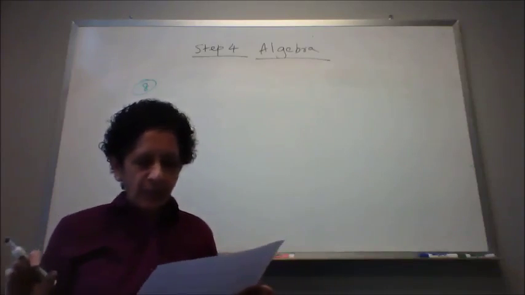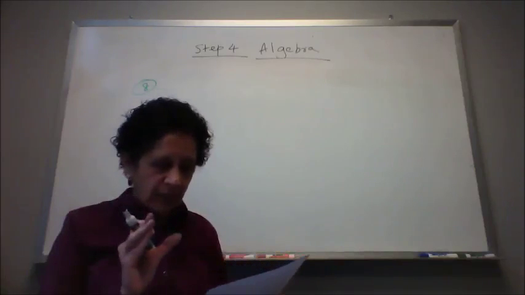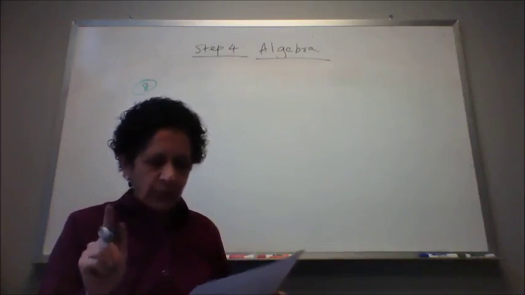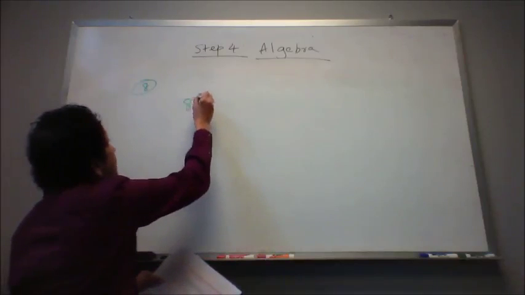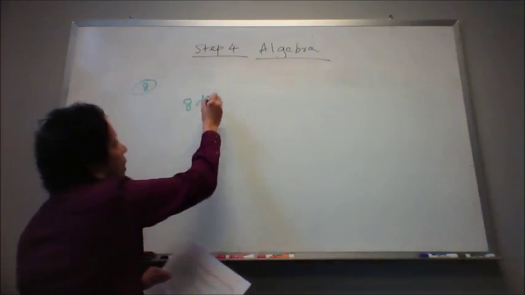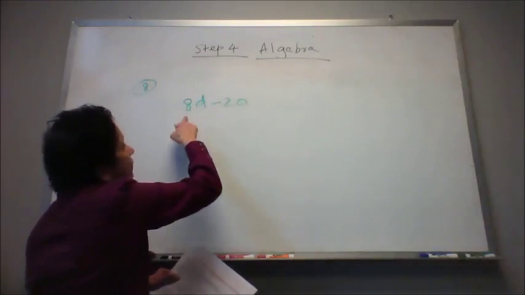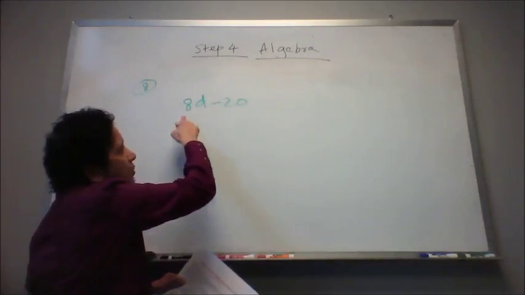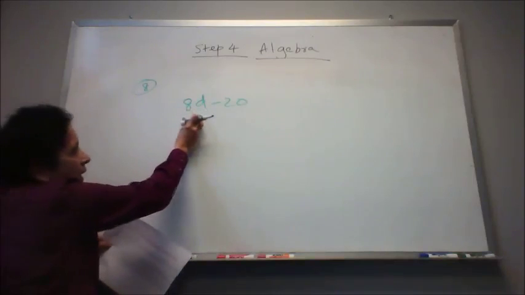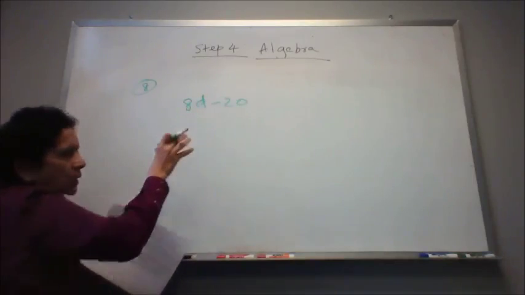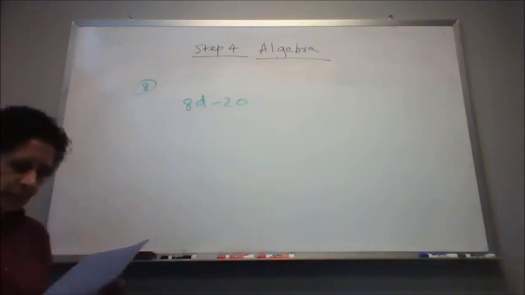Kathy has got 8D books. That is 20 more than Bob. So if I subtract 20 from 8D, that's going to be how many books Bob has.